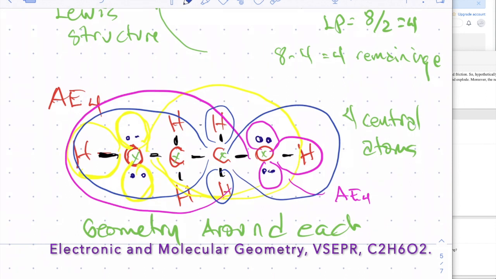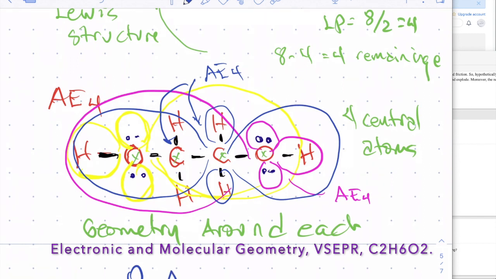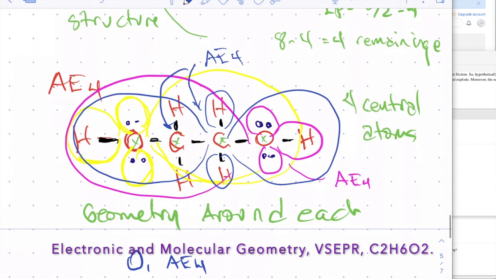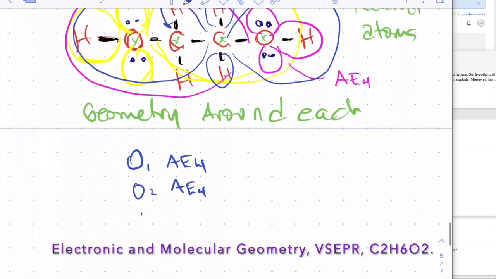So that is also AE4, as well as that one because of symmetry. So our 4 central atoms: the first oxygen is AE4, our second oxygen, to the right, is AE4, our carbon is AE4, and our second carbon is AE4.